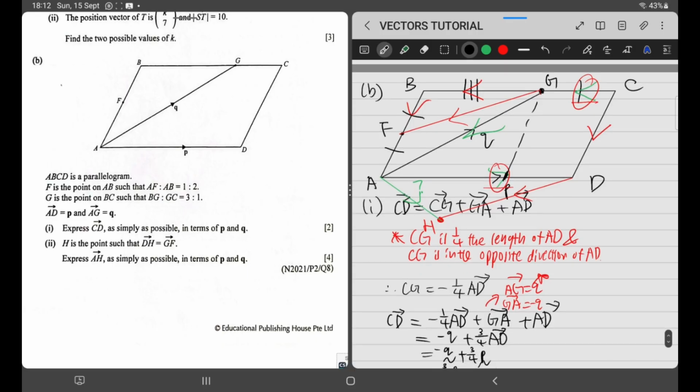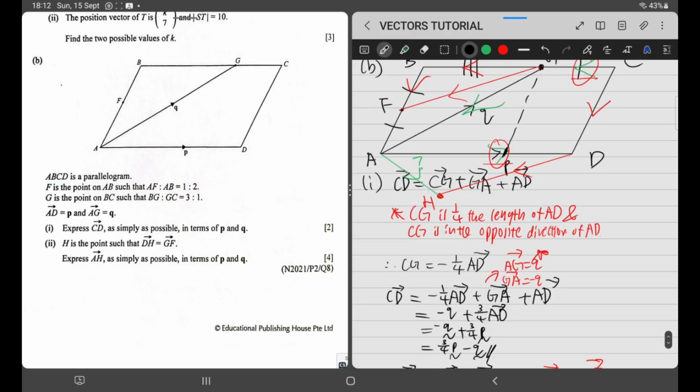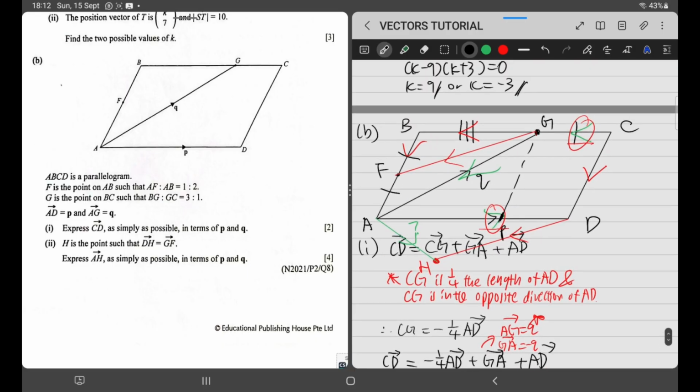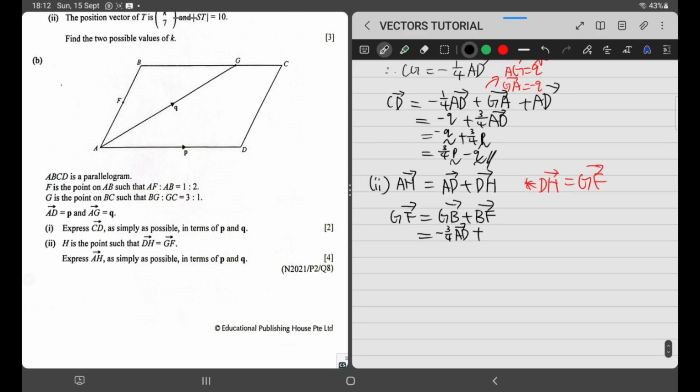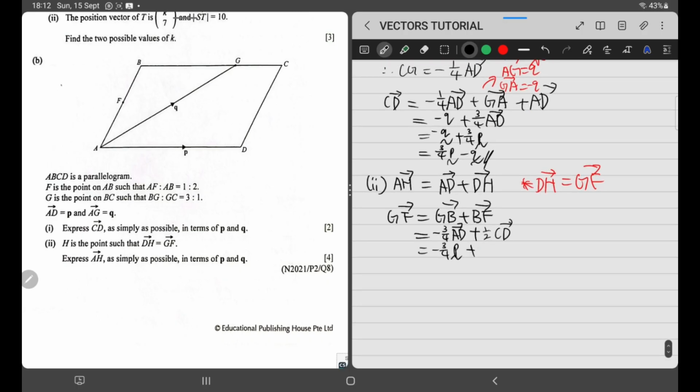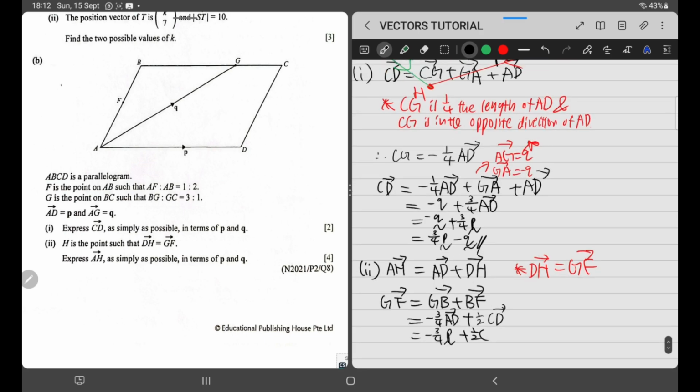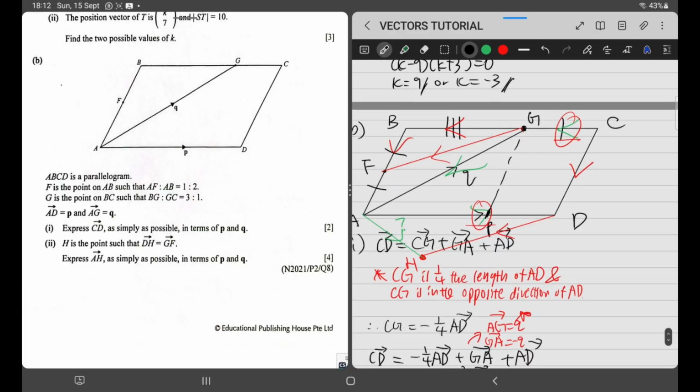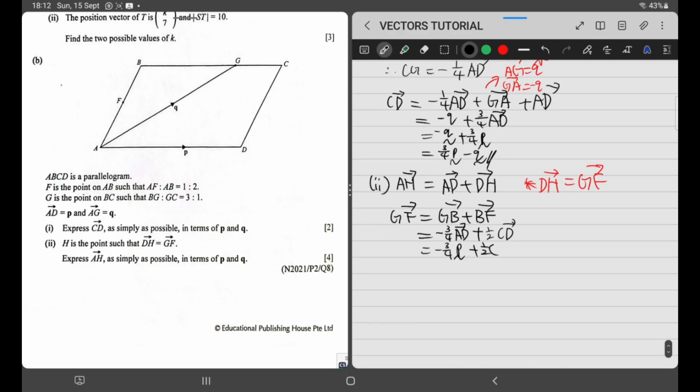Half the length of BA, and BA equals to CD. So it's just half of CD essentially. So it's half of CD as well. So you have negative 3/4 P plus half of CD. CD is just 3/4 P minus Q.